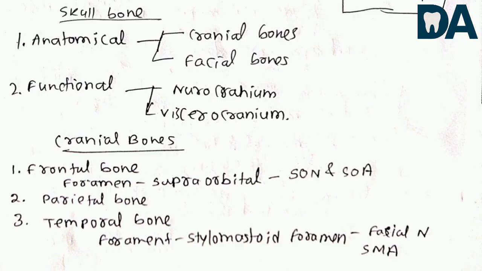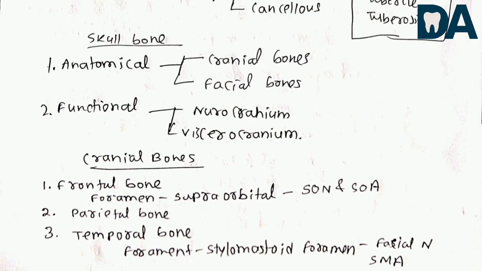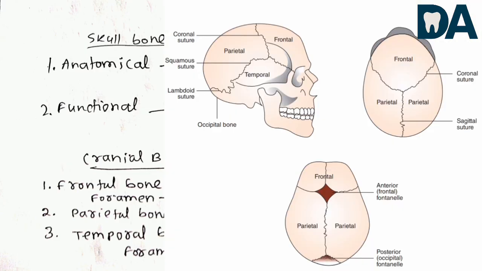Cranial bones perform the vital function of protecting the brain, which is the main center for motor and sensory coordination. They also provide areas of attachment for muscles that move the head in different directions.